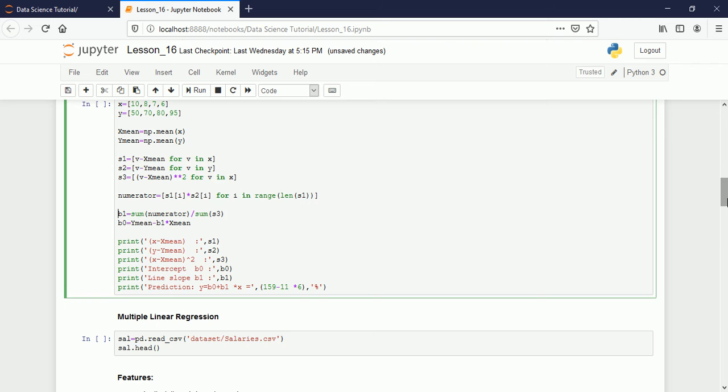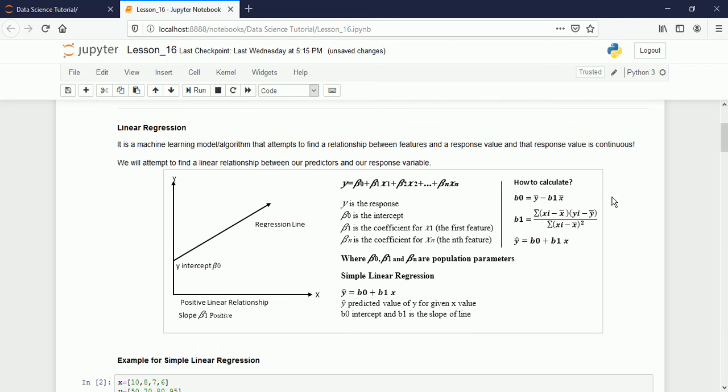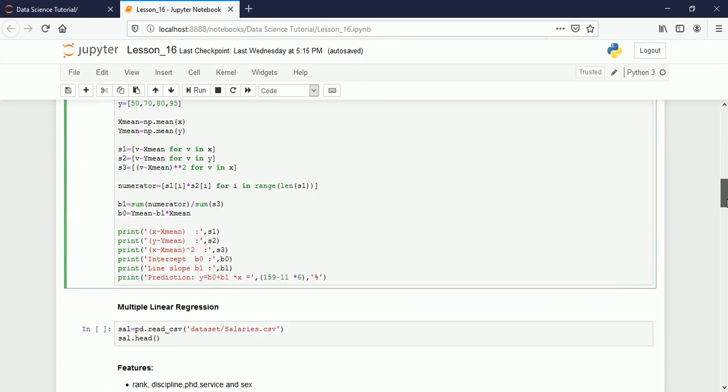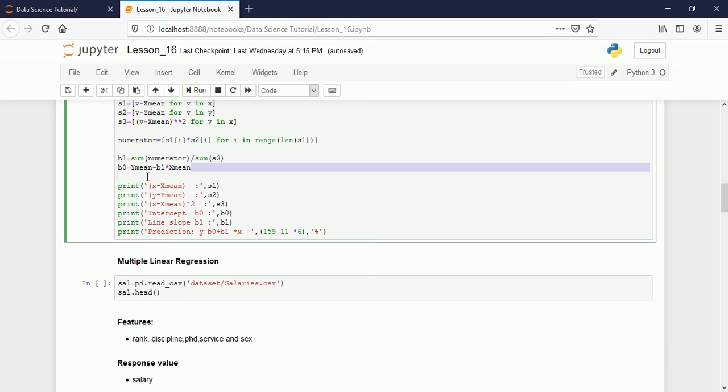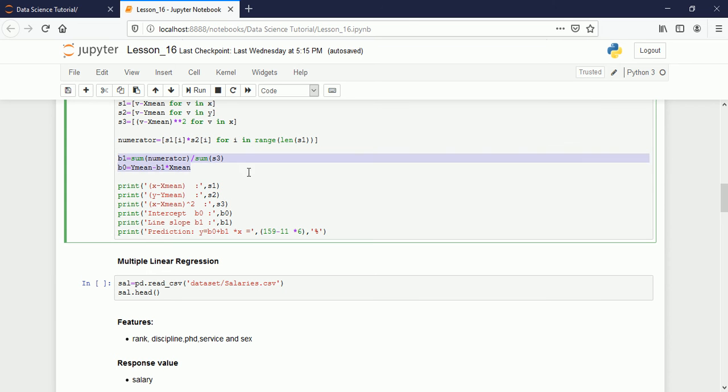After finding b1, this is the formula for calculating b0. We know the mean of y, the mean of x, and we found the value for b1. You put them all in this formula, and we can get the value of b0. So this is b0 and this is b1, all calculated.